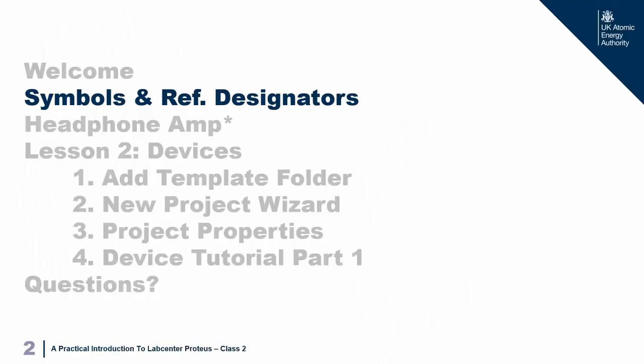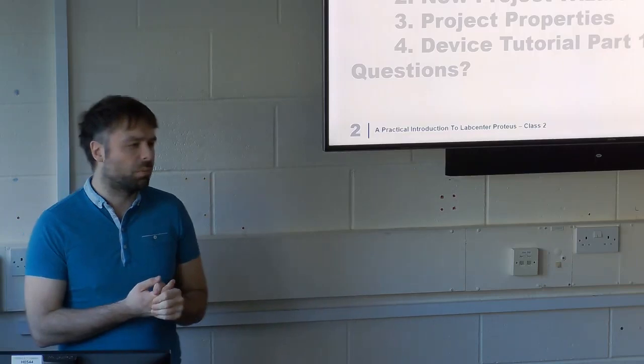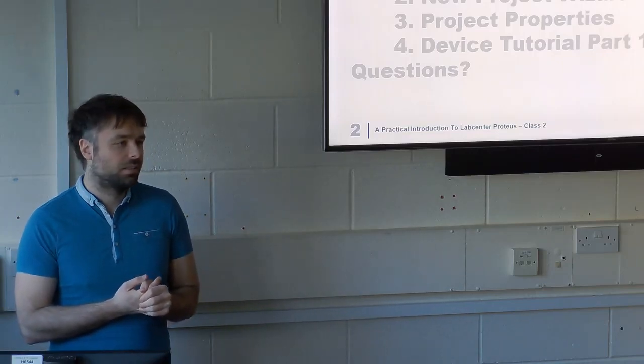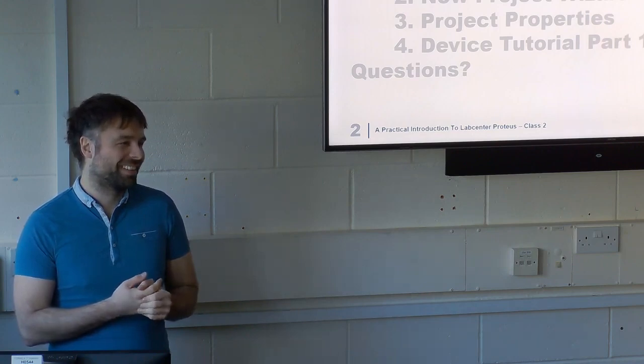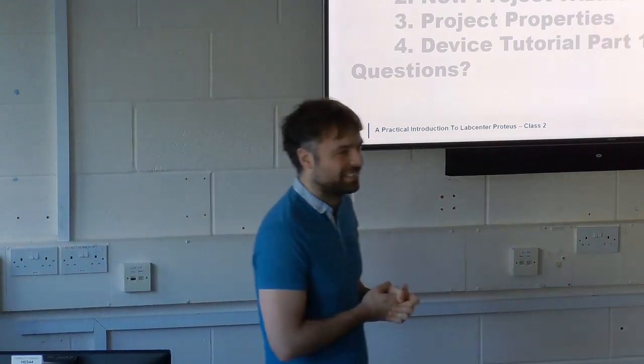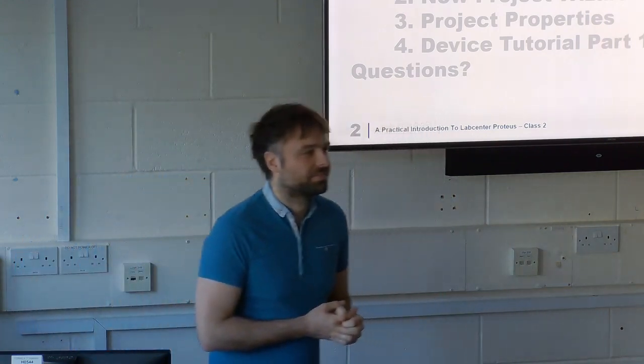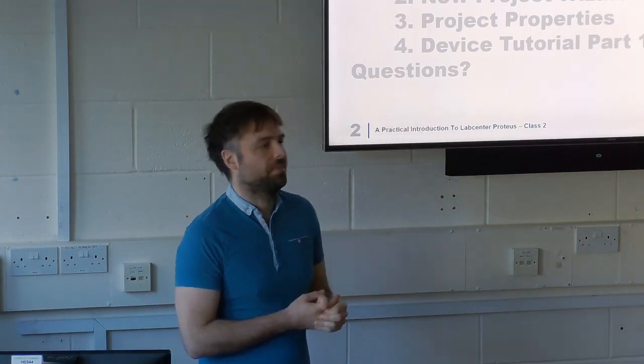So, what we're going to be doing today. I'm going to go through briefly symbols and reference designators. I mentioned the reference designators last week. Can you remember what they are? You'll know. The letters that go before a component number. Yeah, exactly.